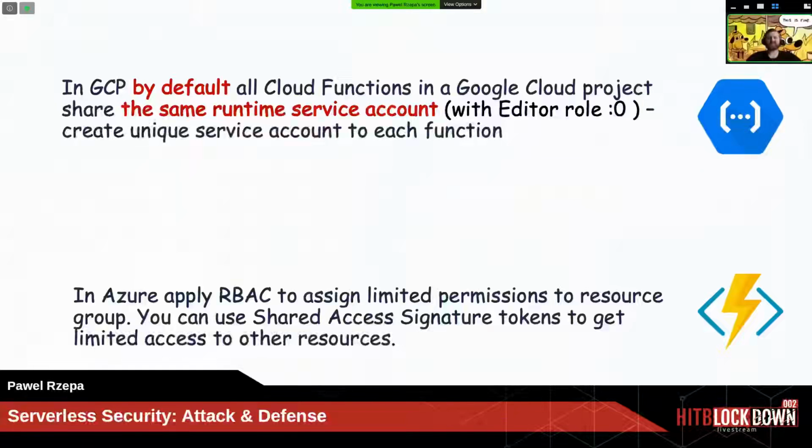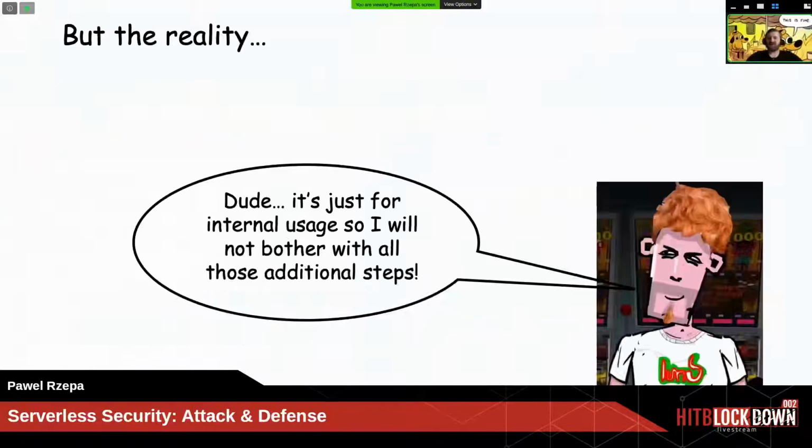It is less granular than in AWS. However, you can also use shared access signature tokens to get limited access to other resources. And this is the theory, because in reality, there are still developers who won't do the additional work for all those steps. And they still believe it is just for internal usage, so there's no point in securing absolutely every function as a service.